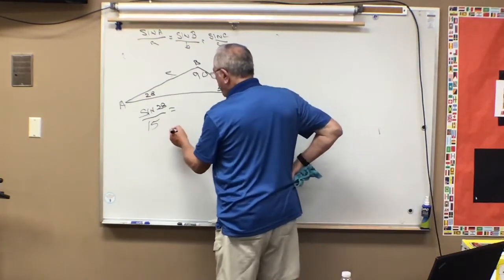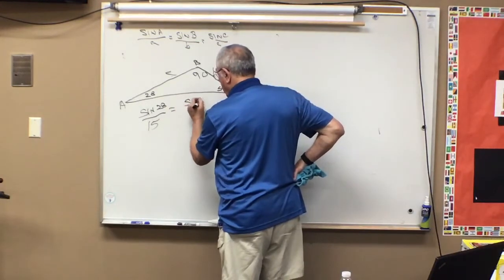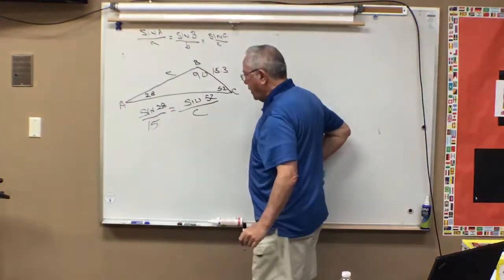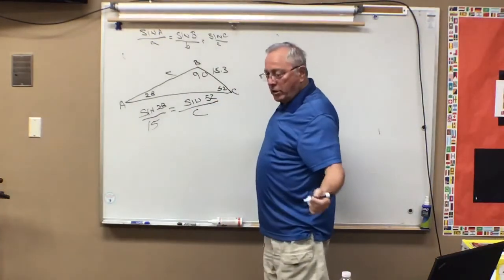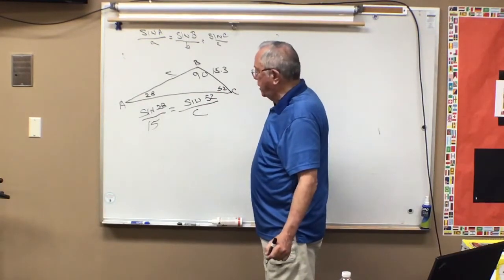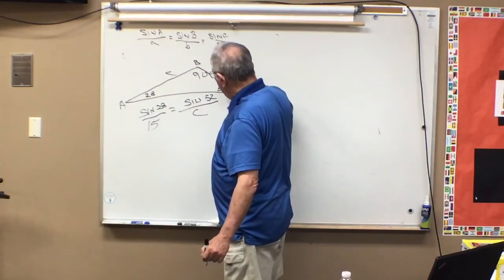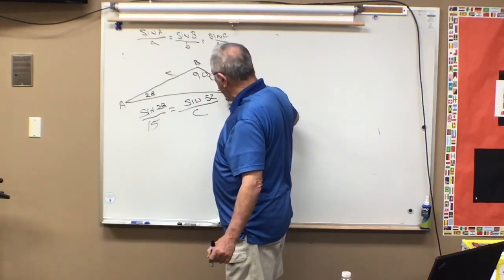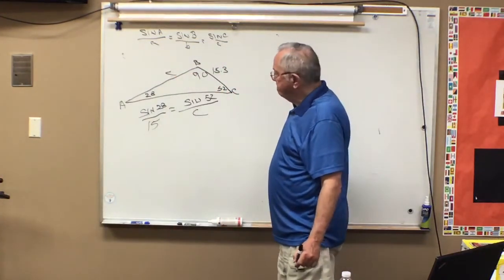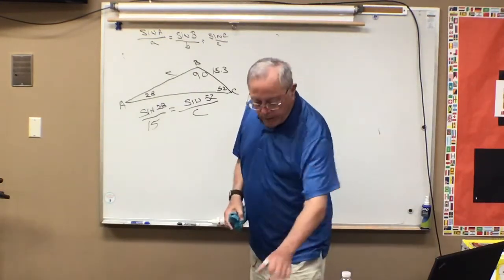Equals the sine of 52, right? Over C. Check it out. Now you could have used sine, cosine, and tangent, but I'm just showing you that you can work this out using the law of sines. So the law of sines says the sine of 28 over 15 equals the sine of 52 over C. You with me? So now all I have to do is find the sine of 28 and 52, don't I?